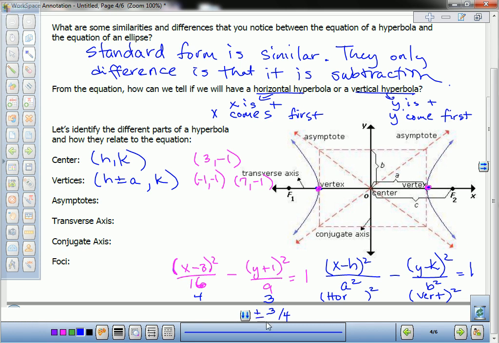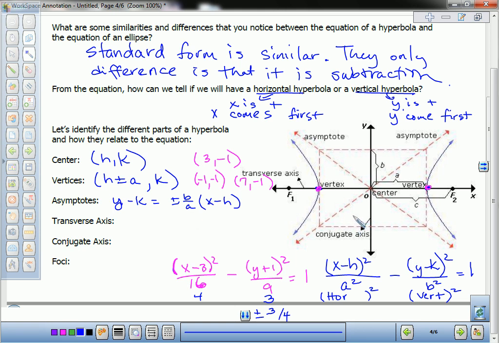It's always plus or minus. So in standard form, it looks like this. Y minus k equals plus or minus rise over run, B over A, times x minus h. It's rise over run though, because the A and B swap places depending on how it opens. That's why I don't always like A and B.